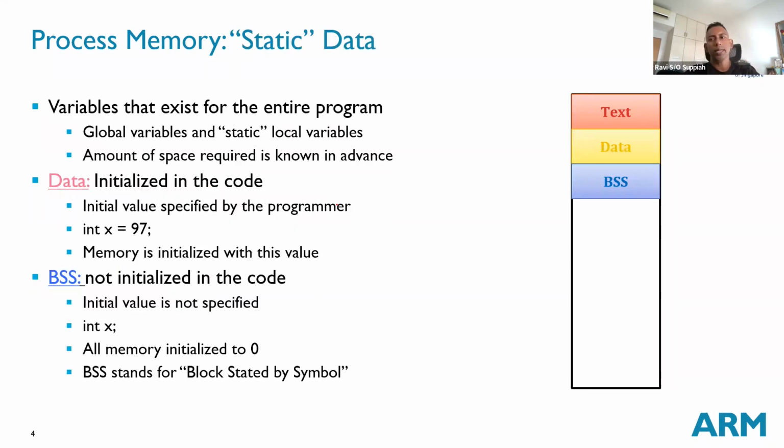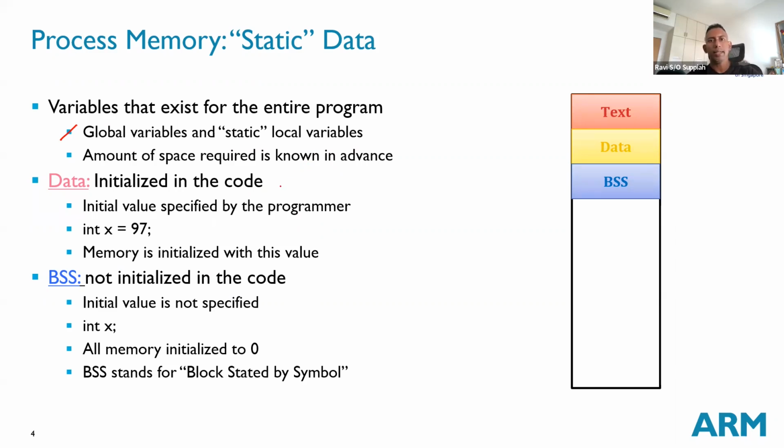At the same time, we declare variables as well in our code. In terms of variables, there can be different types. One of them are what we call the global variables and static local variables. For these, we have two possible places where the compiler might place them.